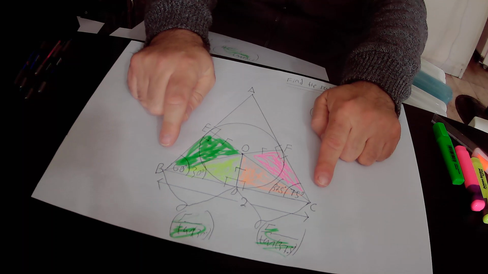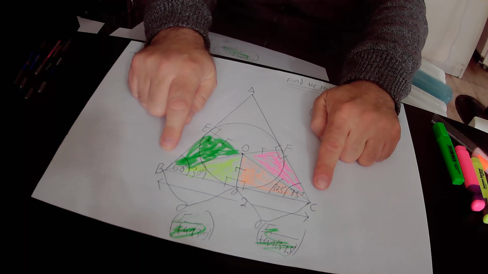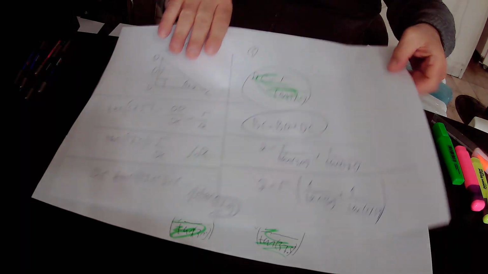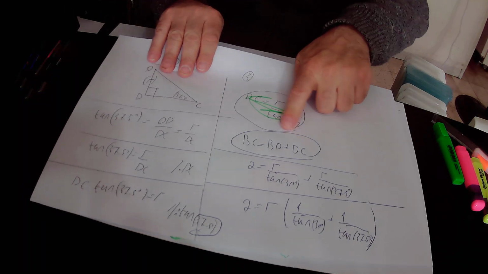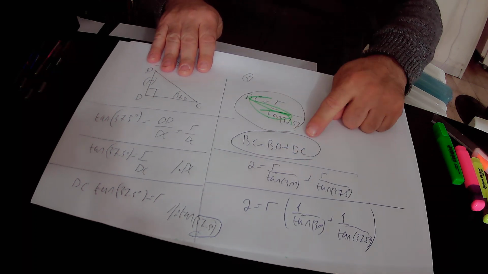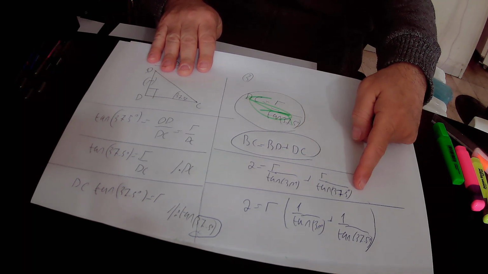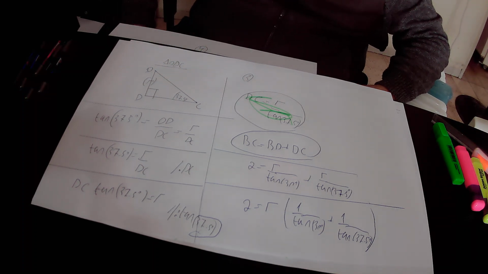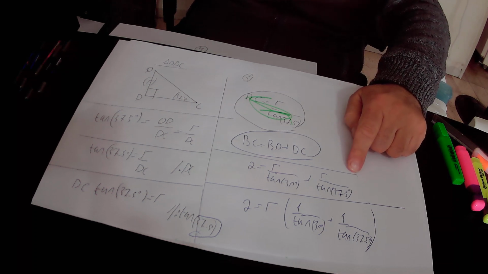From the drawing, it is very easy to see that BC equals BD plus DC. BC is 2, BD is R over tan 30 degrees, and DC is R over tan 37.5 degrees. So we found that 2 equals R over tan 30 degrees plus R over tan 37.5 degrees.